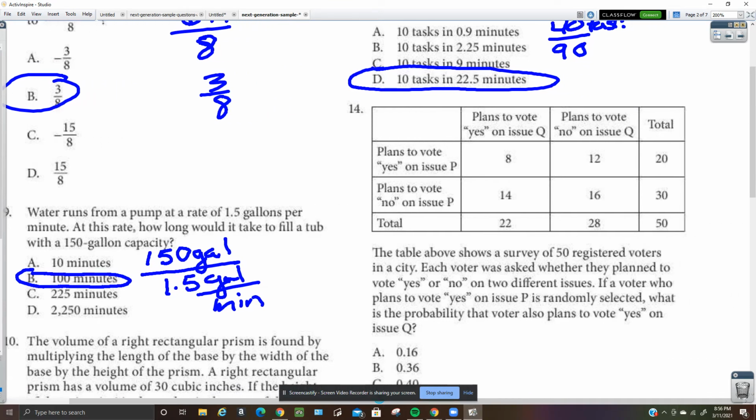And then the table above shows a survey of 50 registered voters in a city. Each voter is asked whether they plan to say yes or no to 2 different issues. If a voter plans to vote yes on issue P, so yes on P, what's the probability that they vote yes on Q?